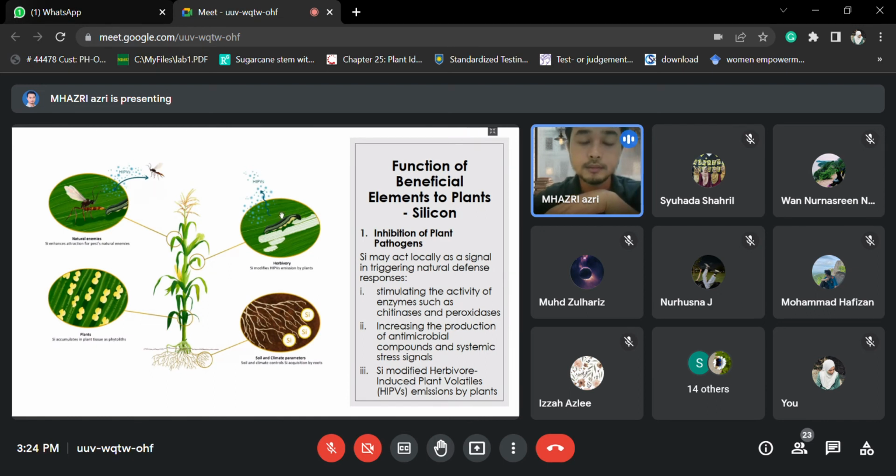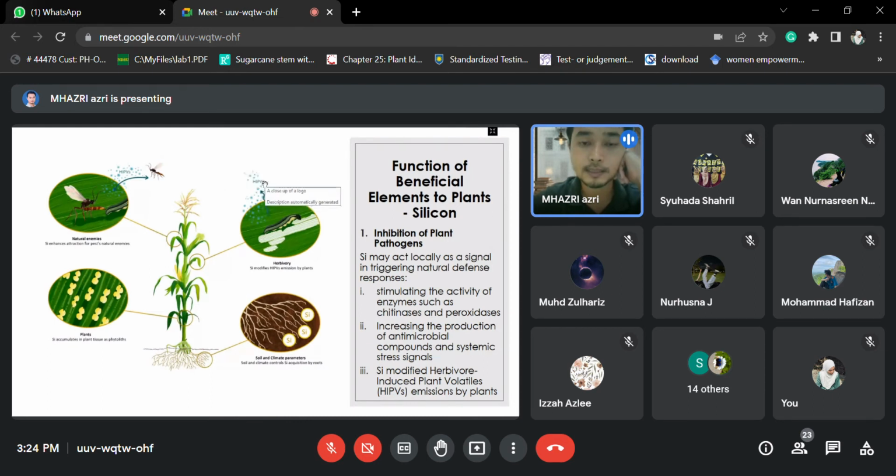Okay, so when the concentration or the amount of HIPV released into atmosphere increase, the chances of this HIPV molecule to attract the predator of this larva increase. Okay, so kalau larva ni tak makan daun ni, plant tak akan release this HIPV, herbivore induced plant volatiles.